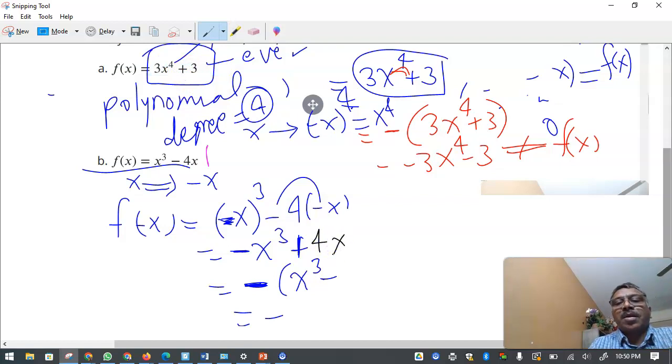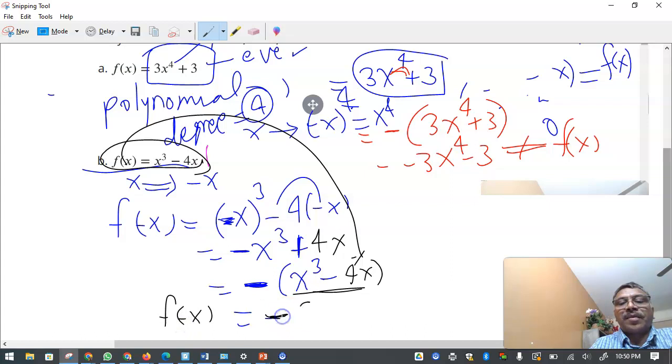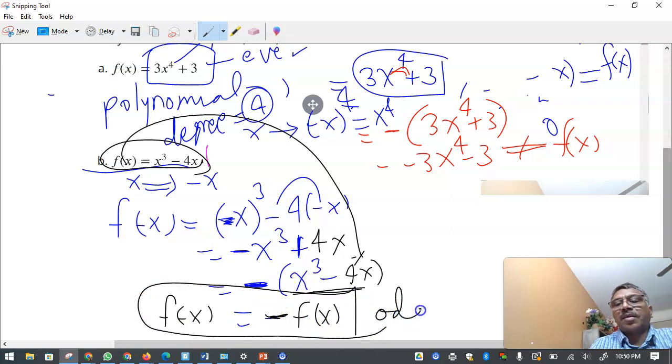So this will be 4x here. That means this part is the same as f of x. So you replace back here. So f of minus x, you get minus of f of x. So this is an odd function.